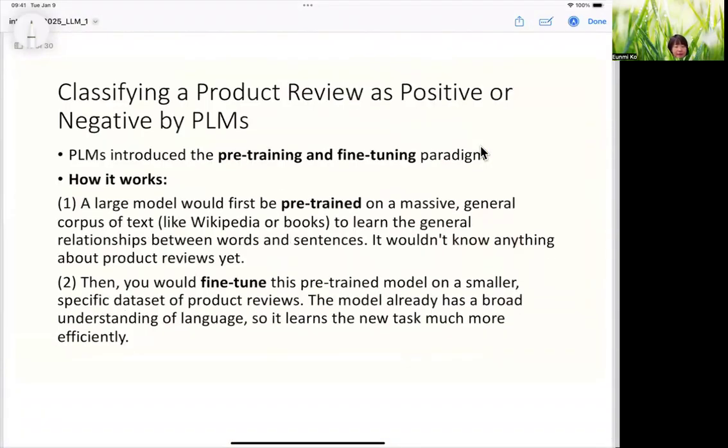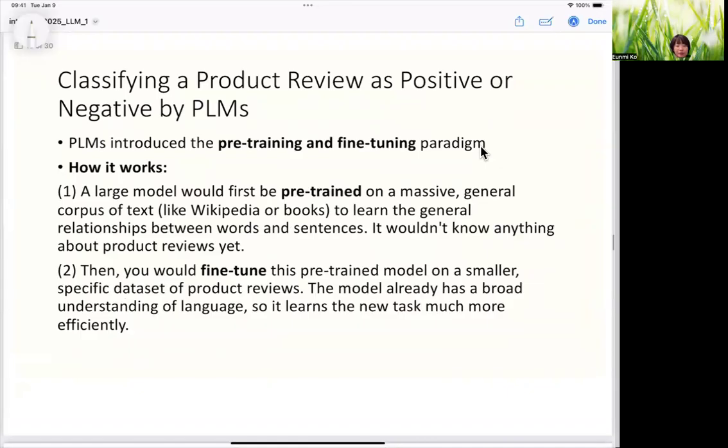So let's take an example of product review. A large language model would first be pre-trained on a massive general corpus of text. Just think about Wikipedia. To learn the general relationship between words and sentences, it wouldn't know anything about product reviews yet.